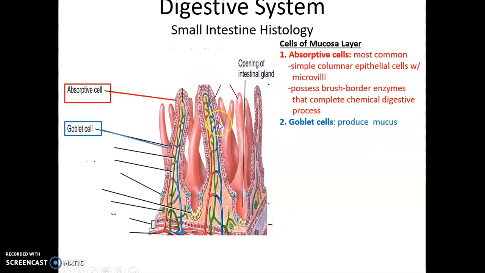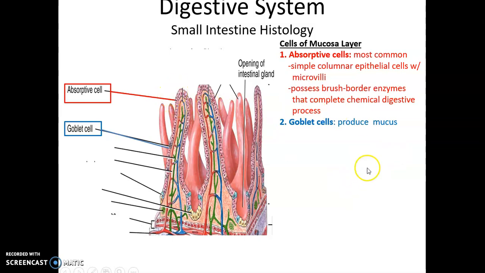So when we look at the villi, we see that most of the simple columnar epithelial cells lining the villi are absorptive cells. So they are cells that are absorbing nutrients and bringing them deeper into the small intestine.